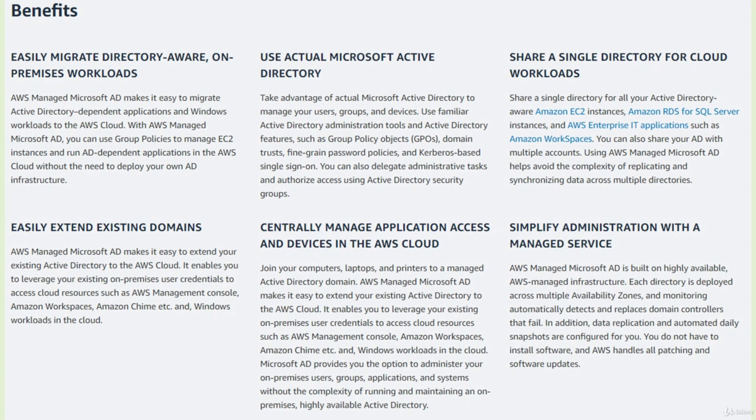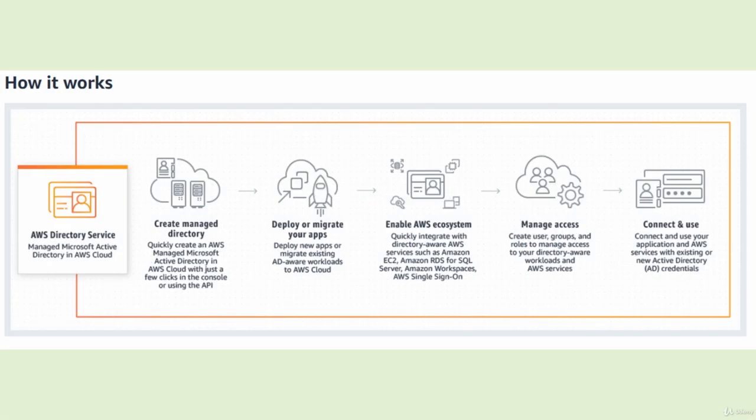You have simplified administration with managed services for data replication across different availability zones, monitoring, and error handling. So how does it work? First of all, you create AWS Directory Service, where you can create a managed directory quickly. Then you can deploy or migrate your new applications.